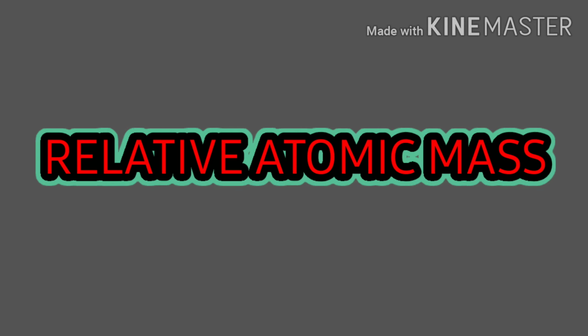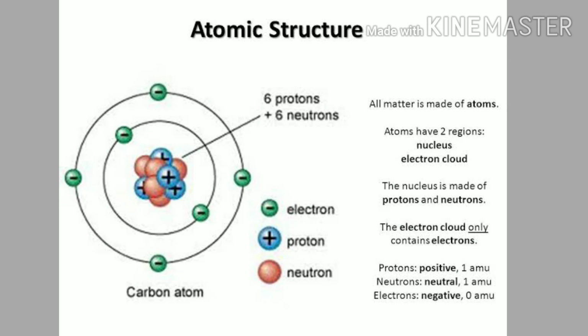That's why we compare with another element, carbon, which is 12 times heavier than a hydrogen atom. So what is the mass of a carbon atom? Since we have taken the atomic mass unit, the mass of one carbon atom equals 12 AMU.